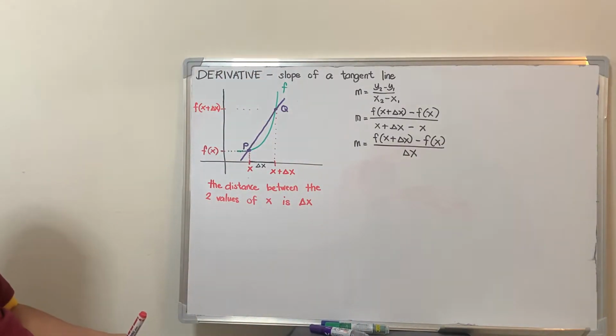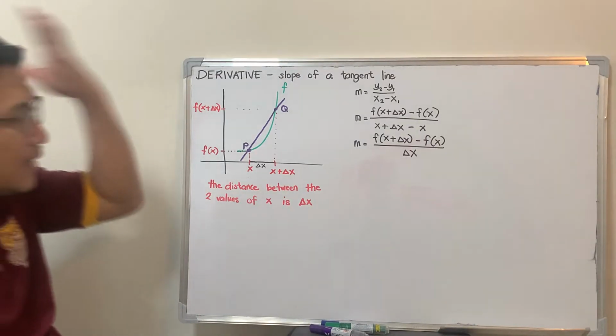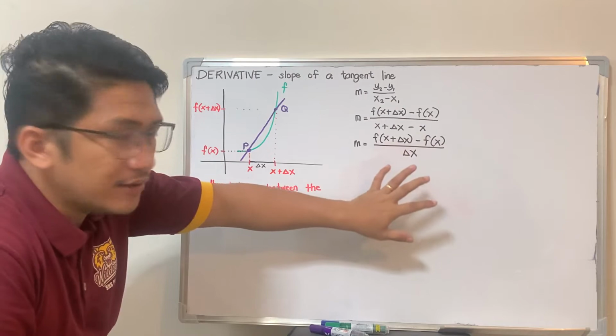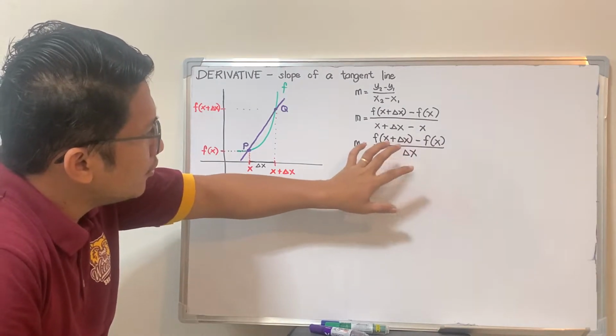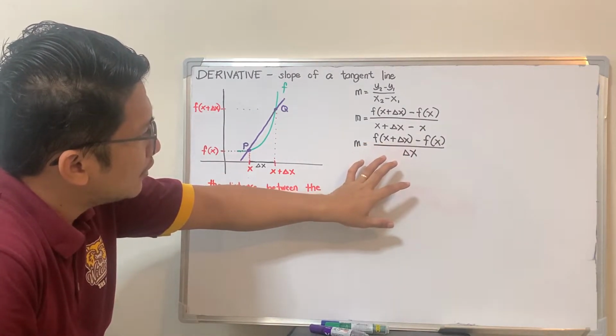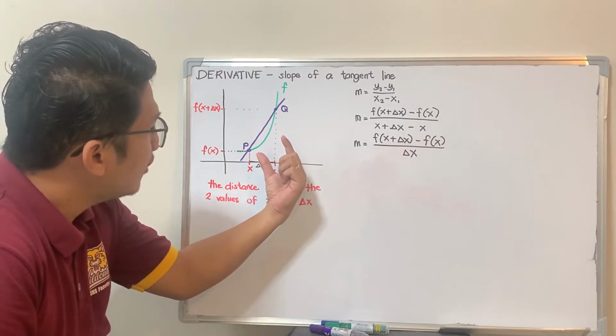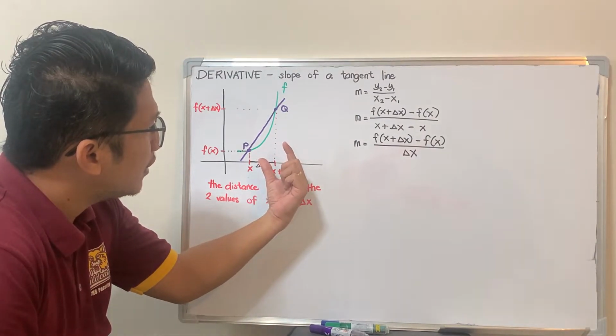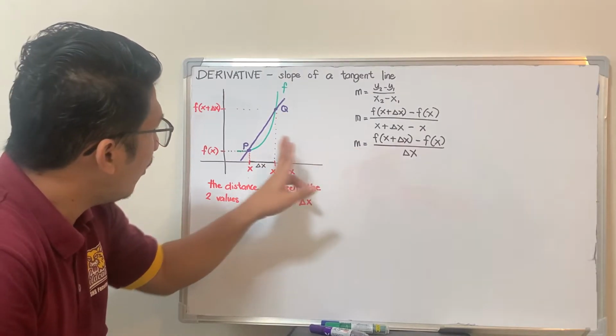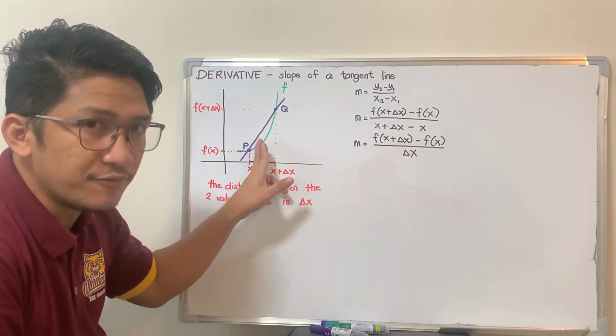Okay? So what's next? Now actually, kung ito ang gagawin mo, you are not solving for the slope of the curved line. Instead, you are solving for the slope of the purple line, which is a straight line.